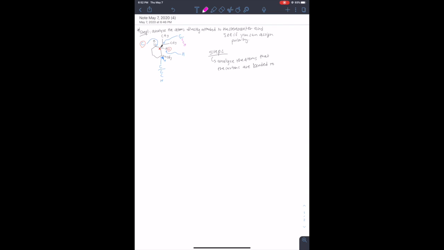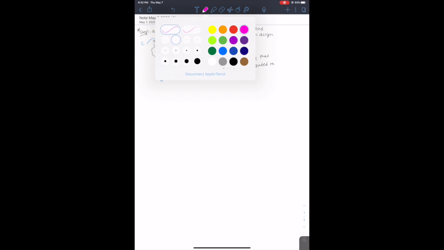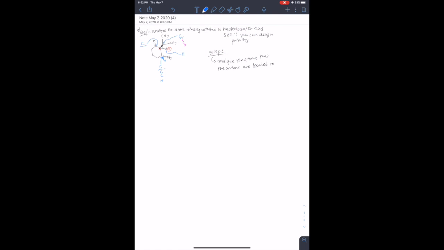Now I'm going to look at the carbon to the left of the double bond, and you can see that it's bonded to an oxygen. There's no implied hydrogens because that carbon has 4 bonds already. And it's also bonded to a carbon down here, so I'm just going to draw that carbon in.